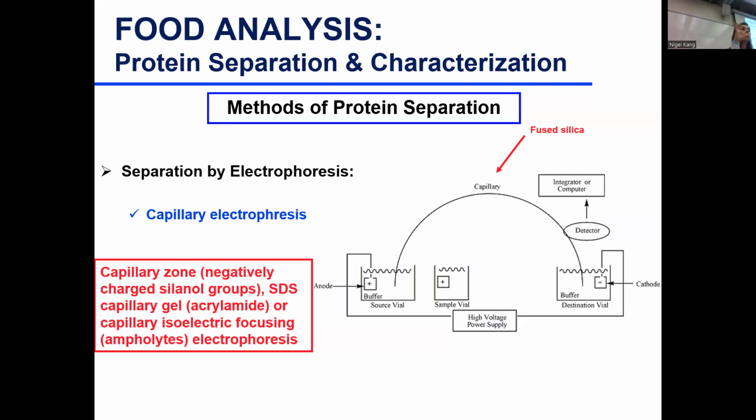So it's a qualitative test to separate proteins based on their molecular weights. It's not a good method for quantification. If we want to do quantification, it's a rough quantification. It's not precise.